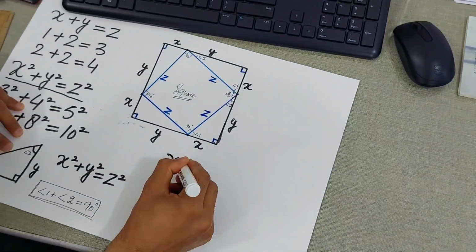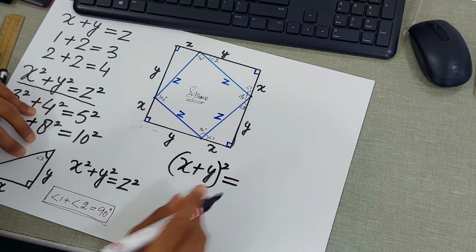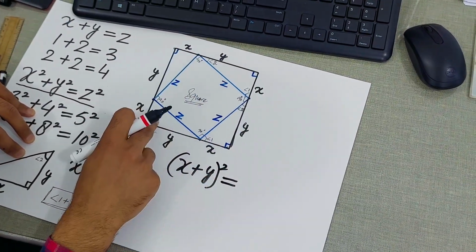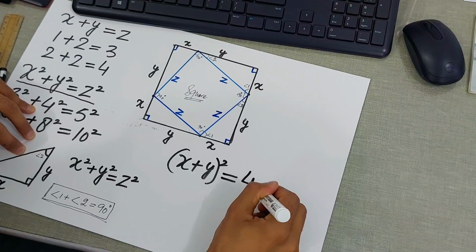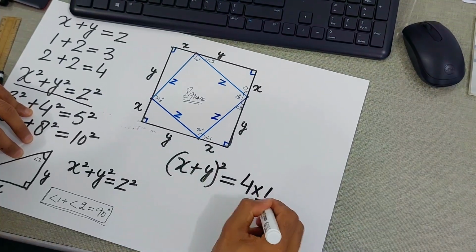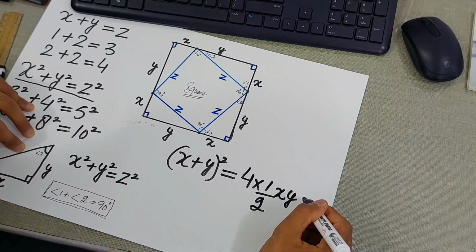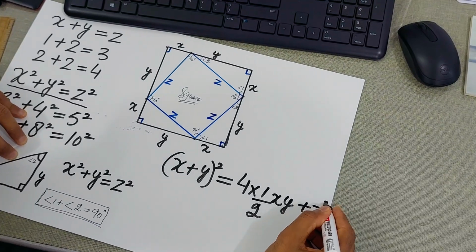The area of this square is equal to x plus y whole square. That is also equal to the area of these four right angle triangles plus the area of this square. It is 4 times the area of the right angle triangle, that is 1 by 2 base into height, that is x into y, plus the area of this square, that is equal to z square.